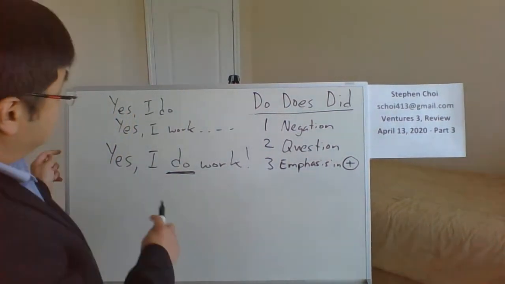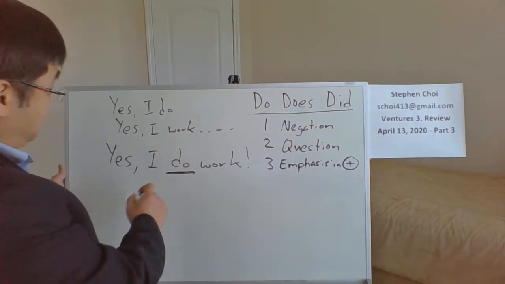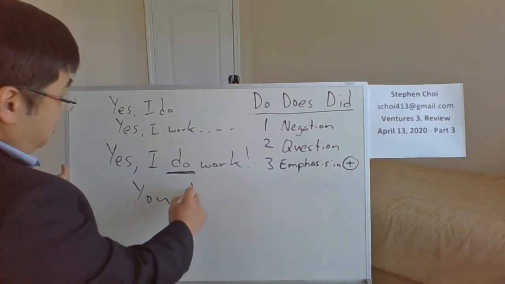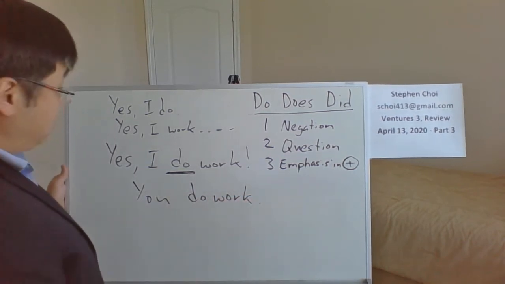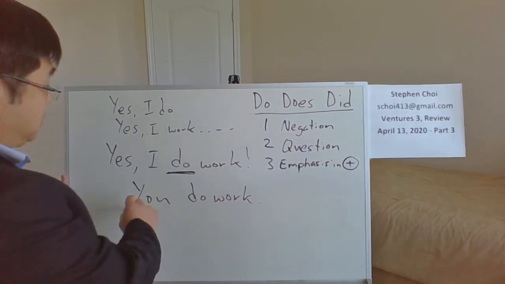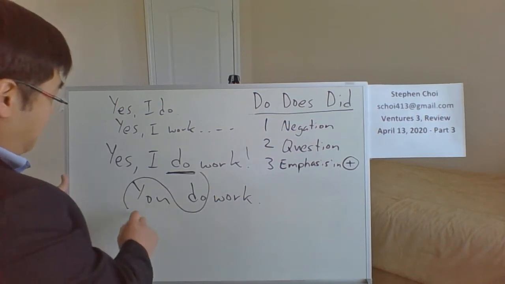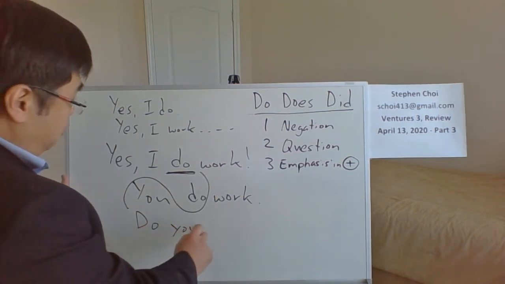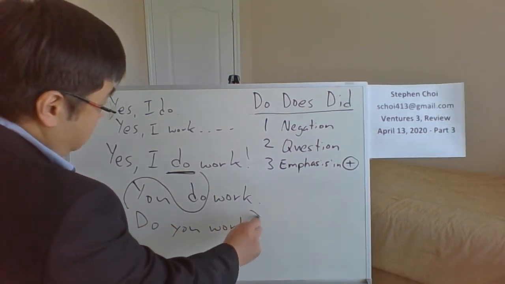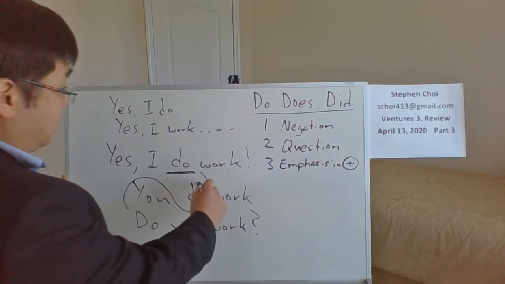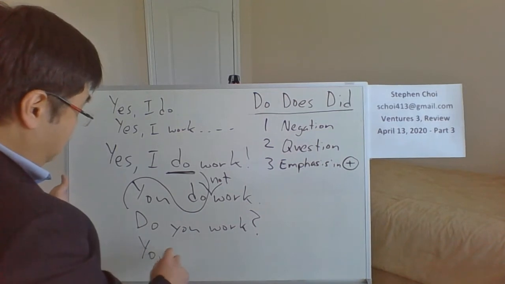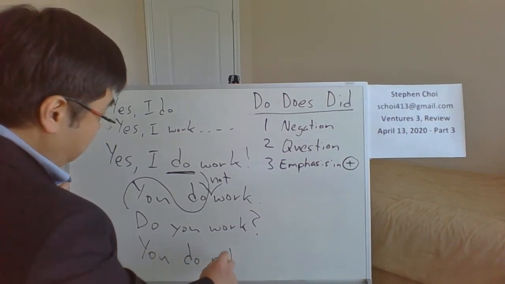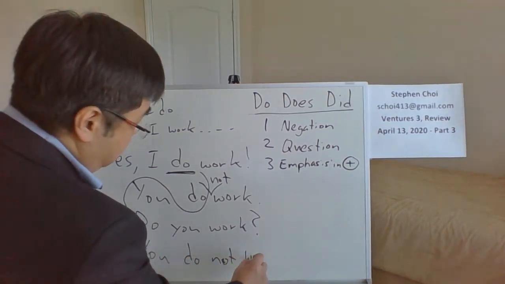So when you say I do work, or let's say you do work. Now, what can you do? You can flip it around and say, do you work? Or you can put a negative and say, you do not work.